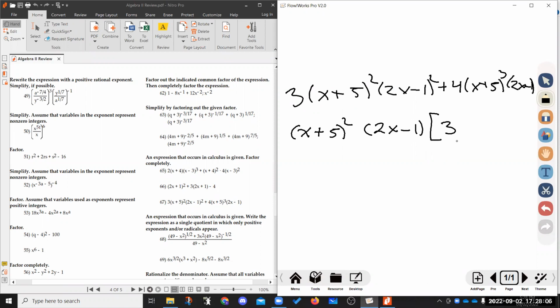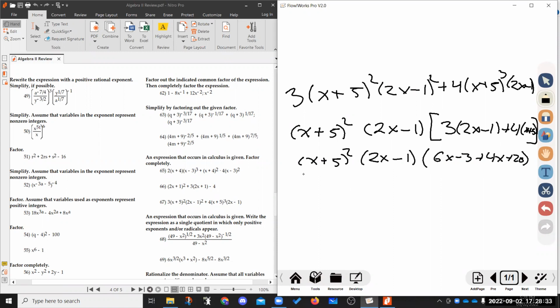That leaves us with 3 times (2x-1) plus 4 times (x+5). That's going to leave us with (x+5) squared (2x-1). And that's going to be 6x minus 3 plus 4x plus 20. 6 plus 4 is 10. 20 minus 3 is 17. And that doesn't factor anymore.